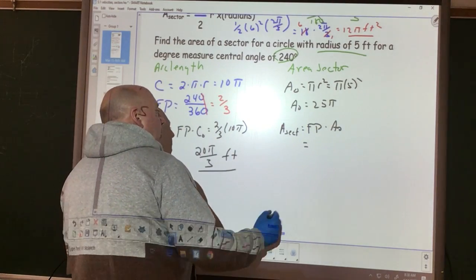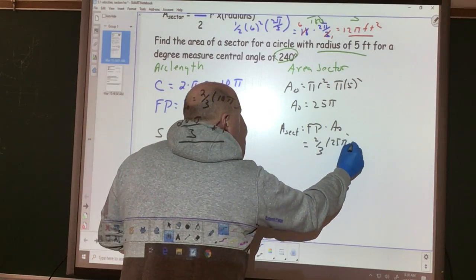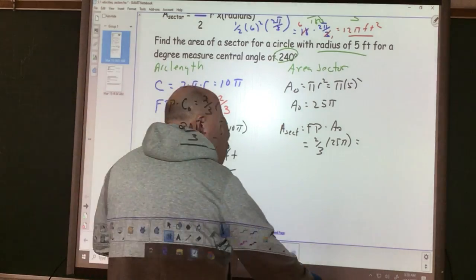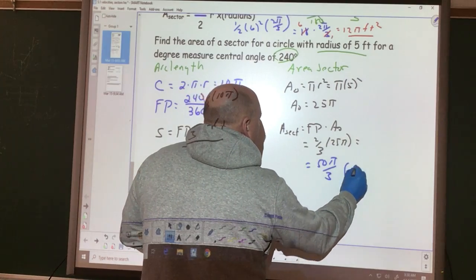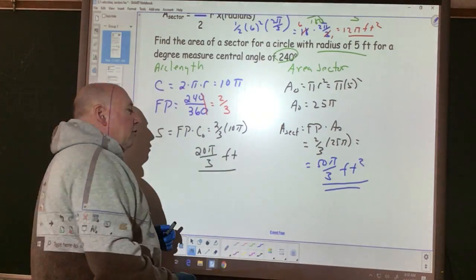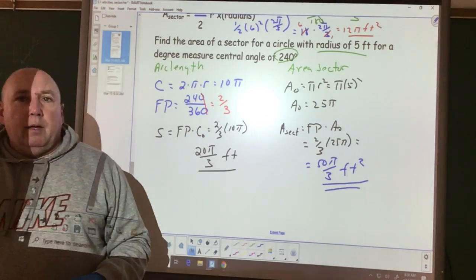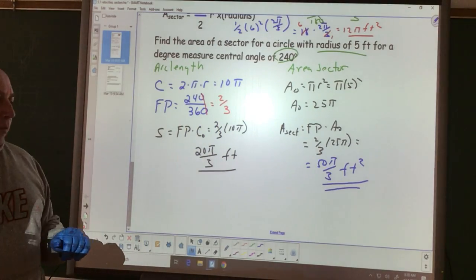So my fractional part, once again, is 2/3, times 25 pi. So I can multiply the 25 and 2 to give me 50 pi over 3. And once again, don't forget your feet squared, your units squared. So this is arc length and area of the sector.